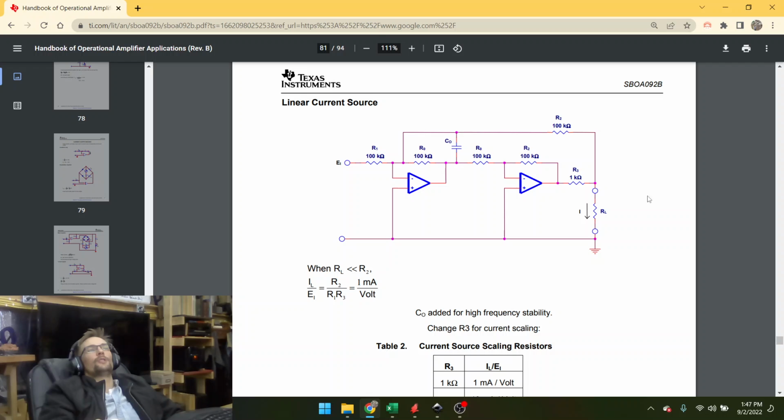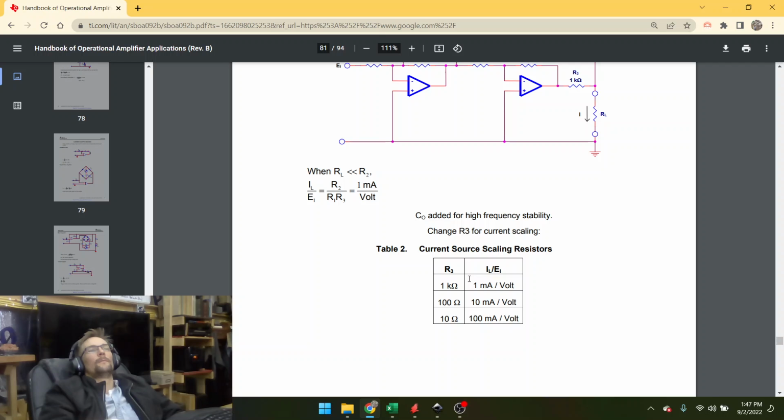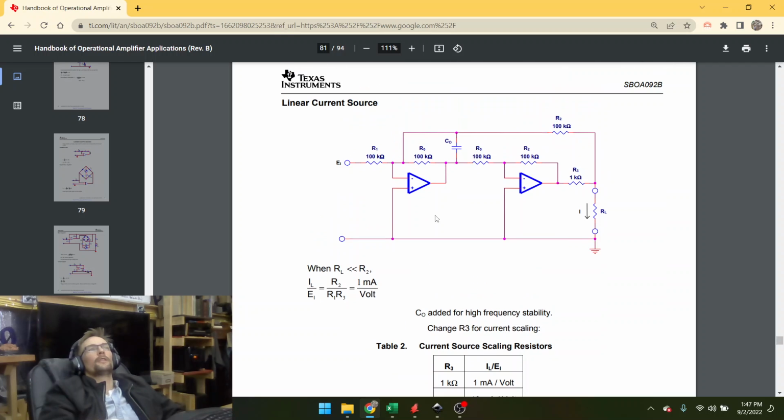So given a voltage in, you'll get a current out. Is that what that is? Yeah. 1 milliamp per volt, 10 milliamps per volt, 100 milliamps per volt. And those are the resistances that R3 needs to be. R3.